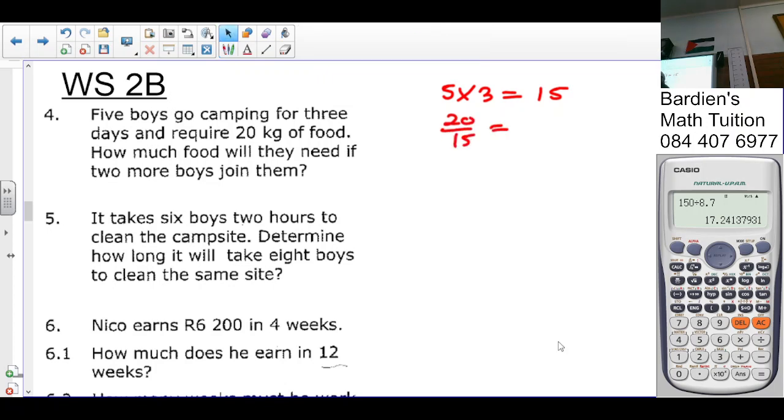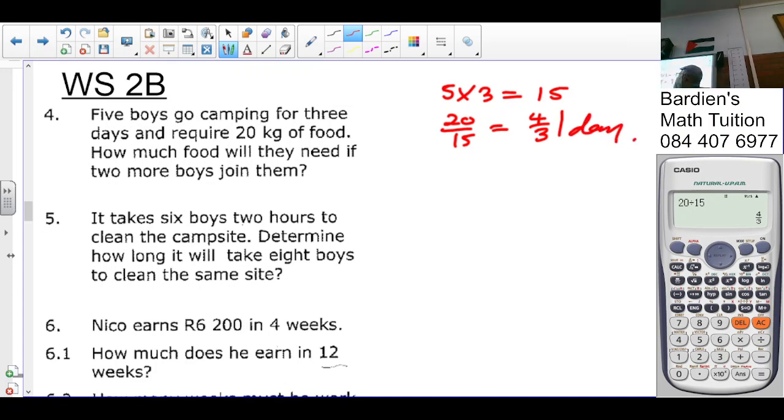I think there's an easier way to do it, we could have left out the days, but let's see this way quickly. So 20 divided by 15 gives you 4 over 3 per day.